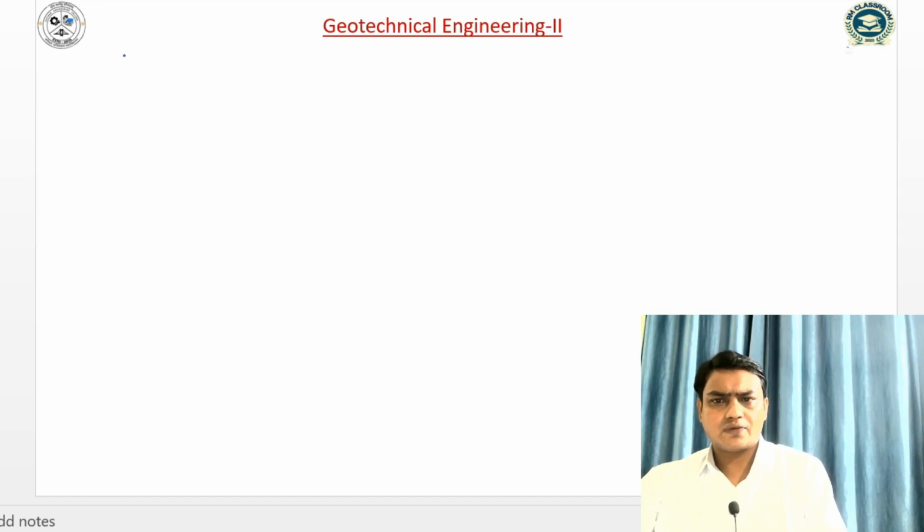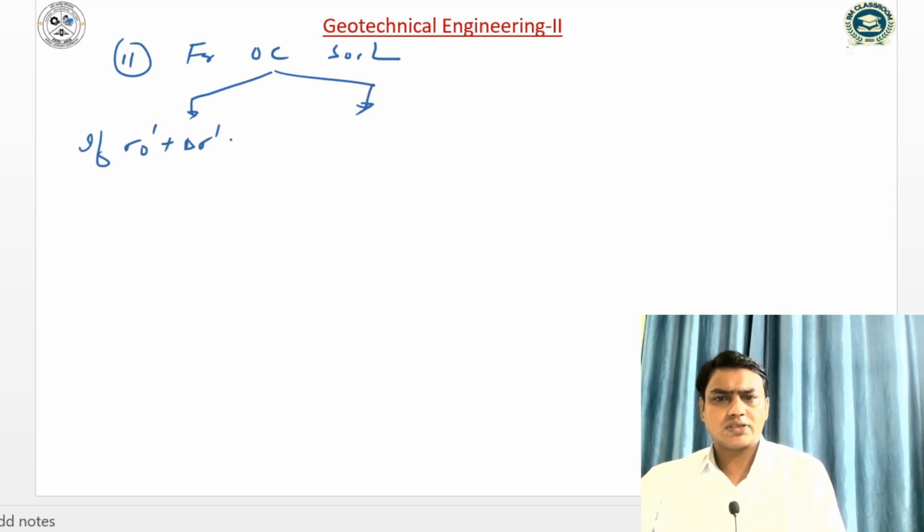Second case, for over consolidated soil. Here I have discussed two cases once again. If the value of sigma 0 dash plus delta sigma dash is less than pre-consolidation stress, and if sigma 0 dash plus delta sigma dash is greater than pre-consolidation stress.